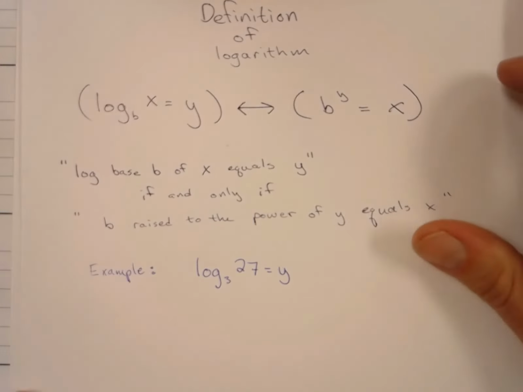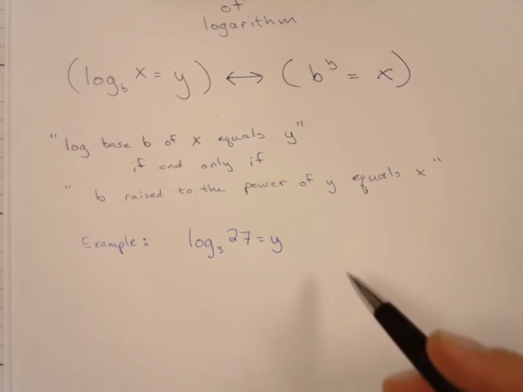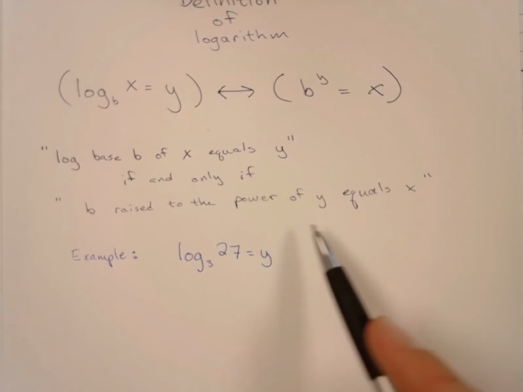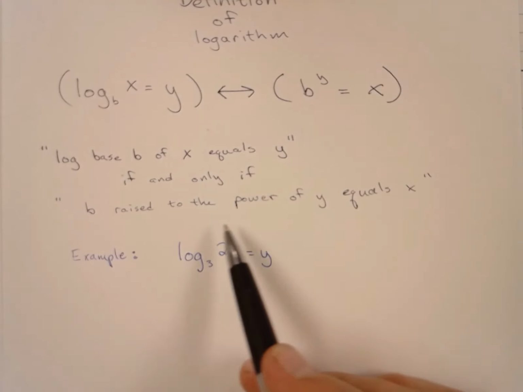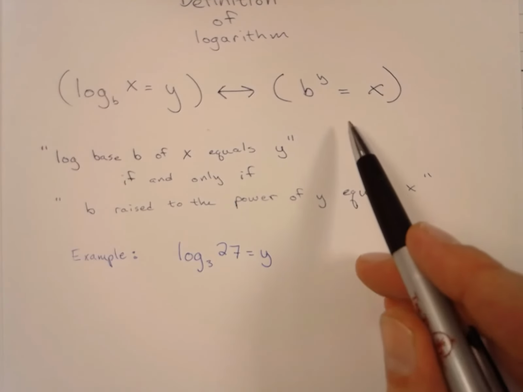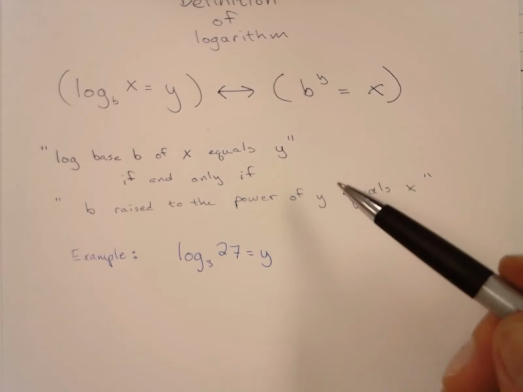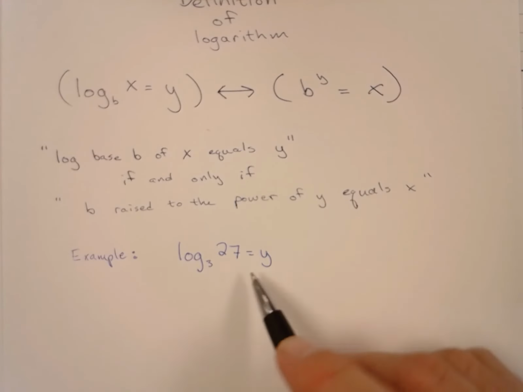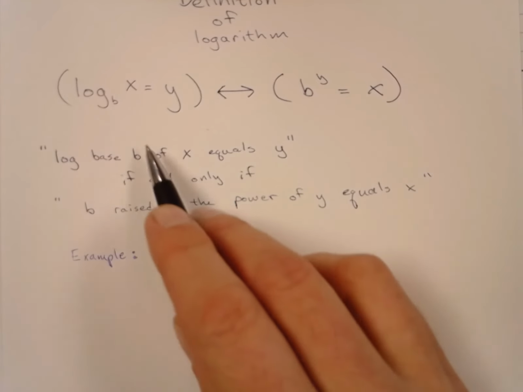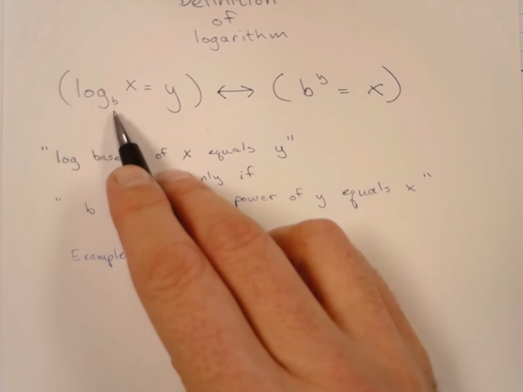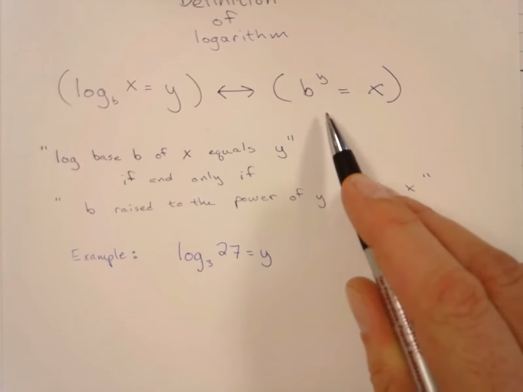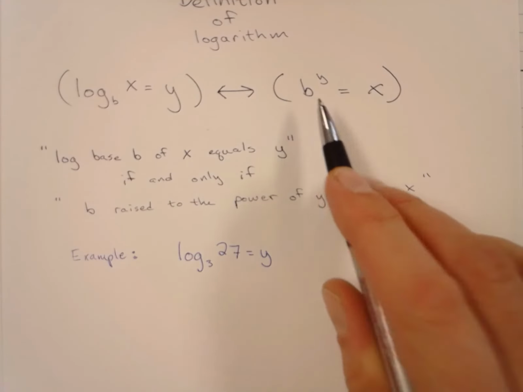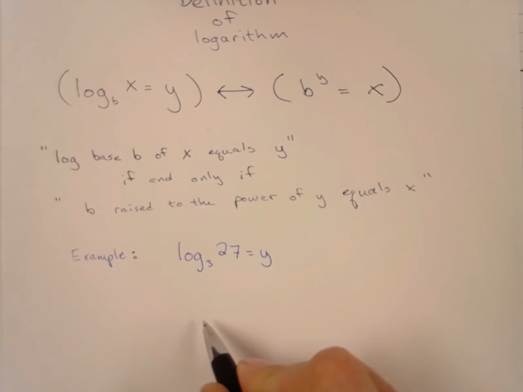What I would suggest in the beginning, we'll learn more strategies soon, but in the beginning, let's use this definition, and basically we're just going to rewrite this logarithmic expression into the exponential form, which hopefully we're more familiar with and will make a little more sense of this problem. So the subscript b, the base of the logarithm, when I look over here at the exponential equation, b is the base that the exponent is being raised to.